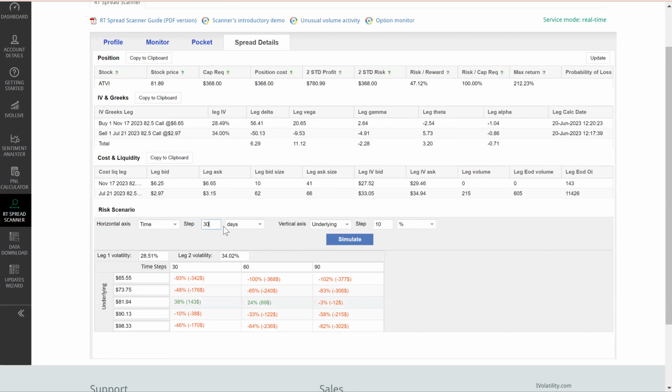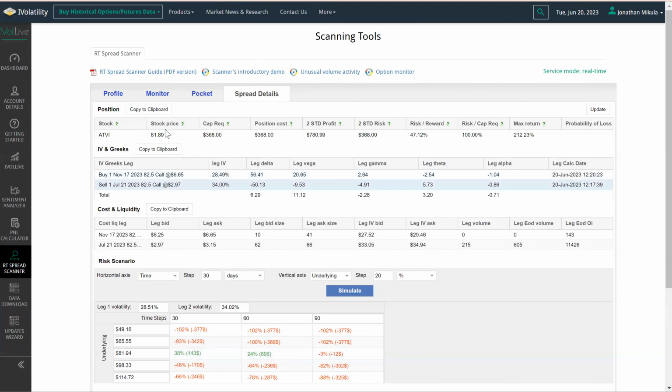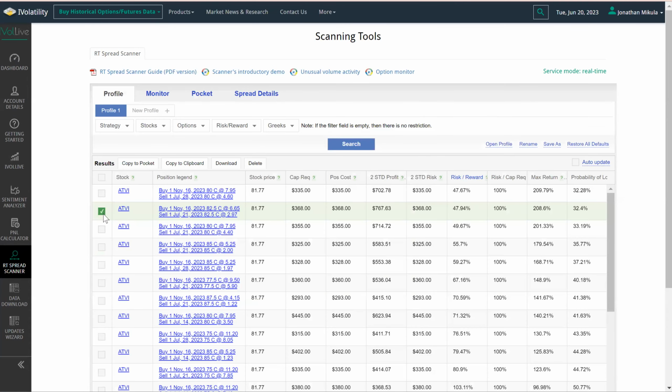We could also come out and see if we have bigger movements in Activision. This is telling us our ideal price point for Activision throughout the length of this trade, which is very valuable to know. If we like that, we can keep the check mark and hit copy to pocket. So now we have a calendar spread that we're interested in.